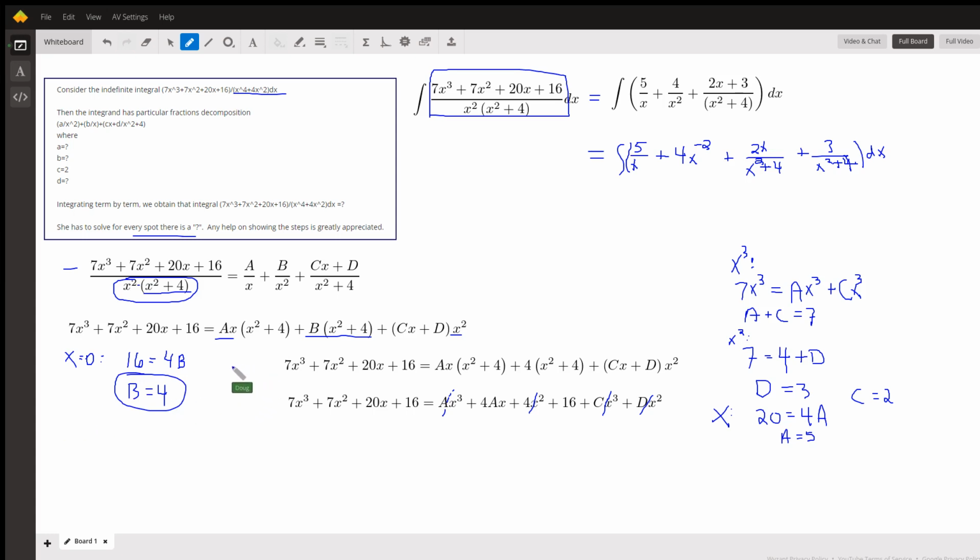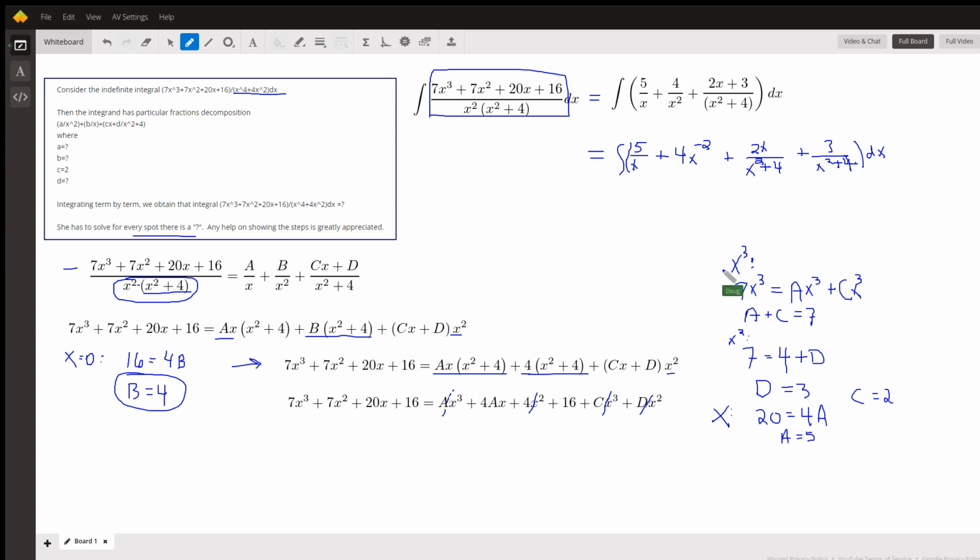And so now I'm going to rewrite that equation, but wherever I see the letter B, I'm going to put in a 4 right there. And there's no other values of x that will turn terms to 0, so we have to equate coefficients. So now we're going to multiply all of this together. Distribute this 4, distribute this x squared, and equate coefficients.